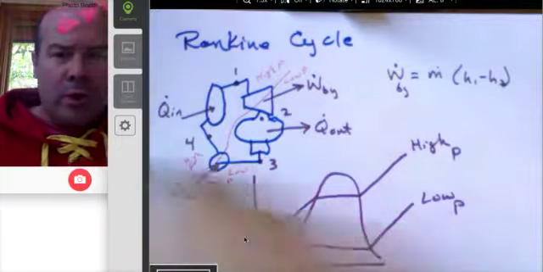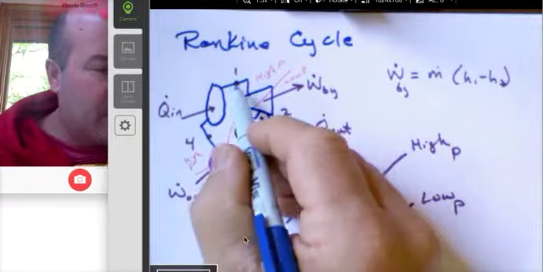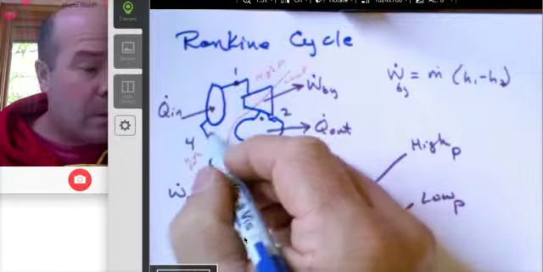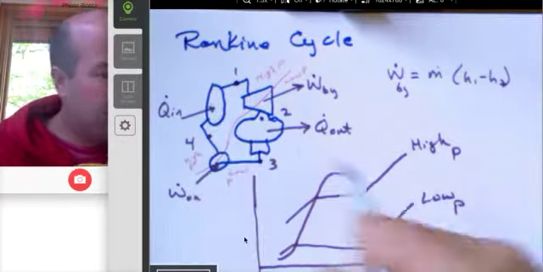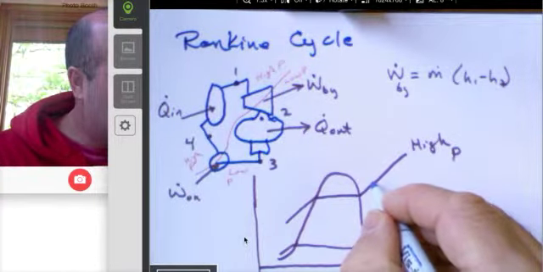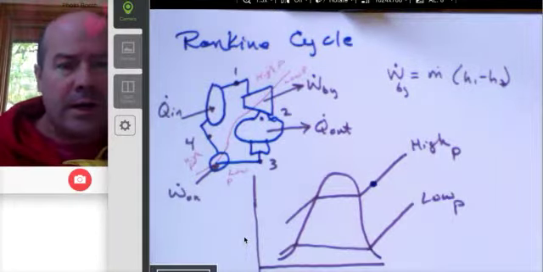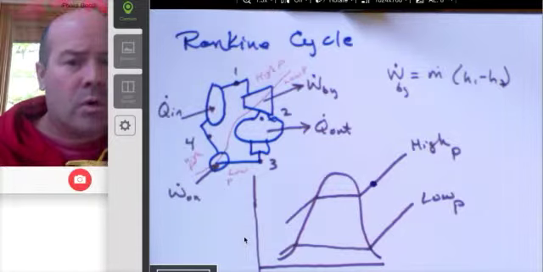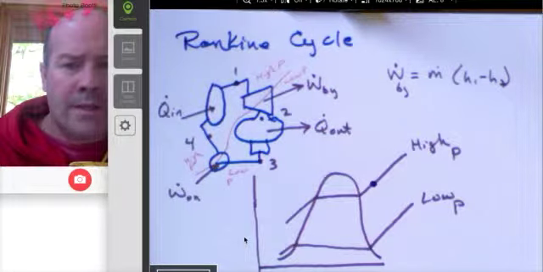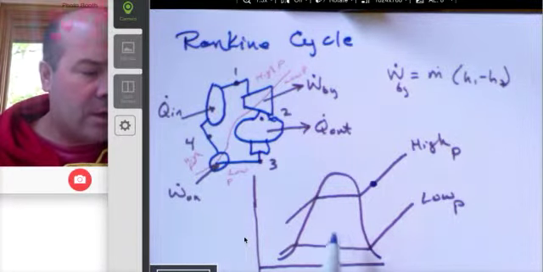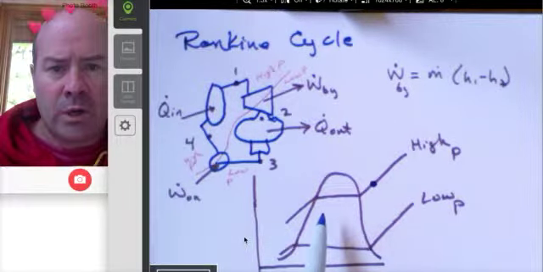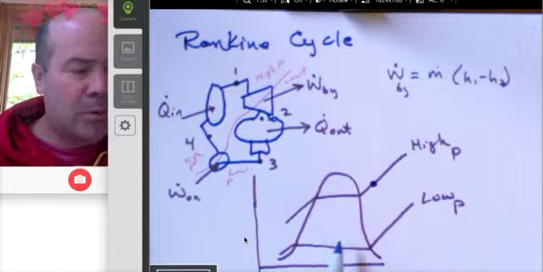Well, let's go to point 1. Point 1 is a high pressure. It's steam. That was the whole reason for having the boiler. And it's typically very much a superheated vapor. What you don't want is hardly any of the fluid, when it goes through the turbine, being in the vapor dome.